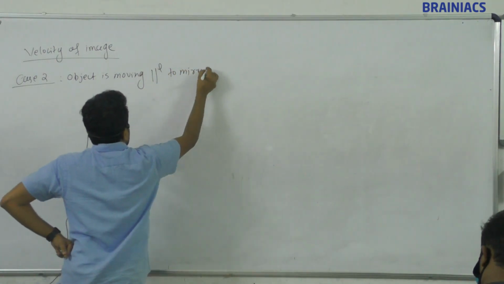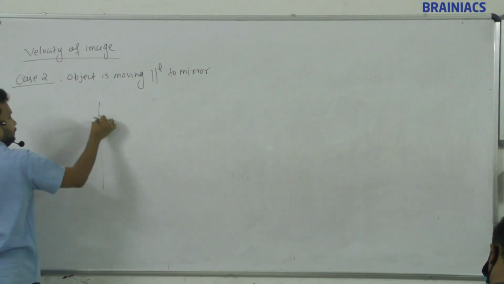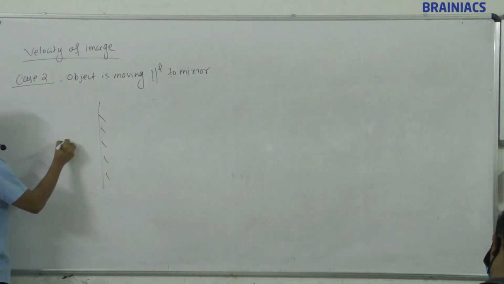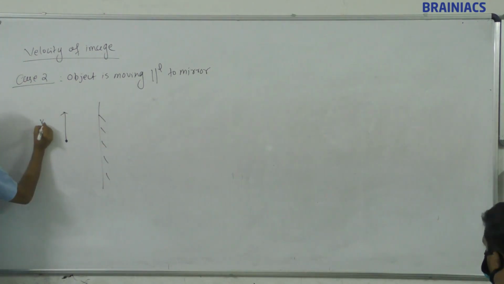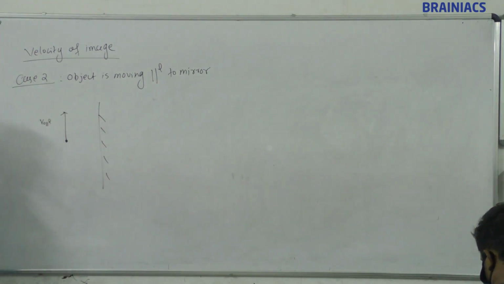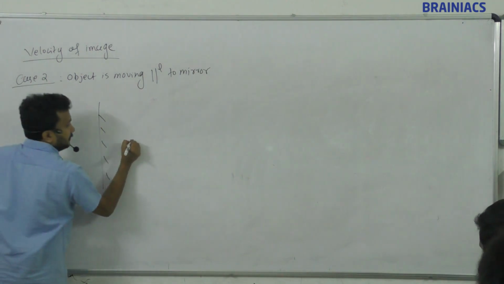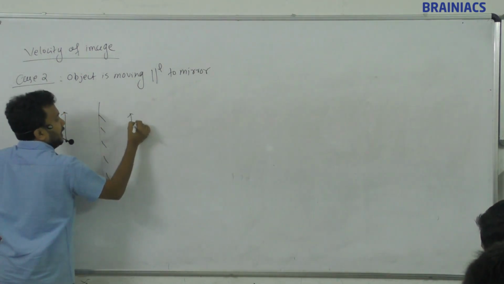So what will happen? This is a mirror. This is an object. Object is moving parallel to the mirror. So what will happen? Image will also move parallel.